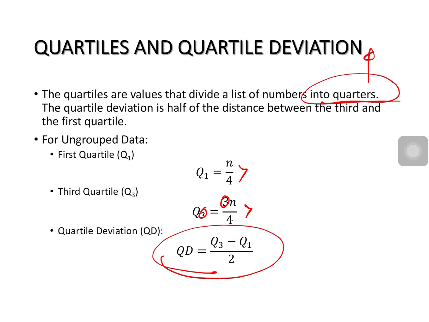Please take note of this. If you're going to compute for the second quartile, Q2, that is 2n over 4. Also remember that Q3 minus Q1 is the interquartile range.